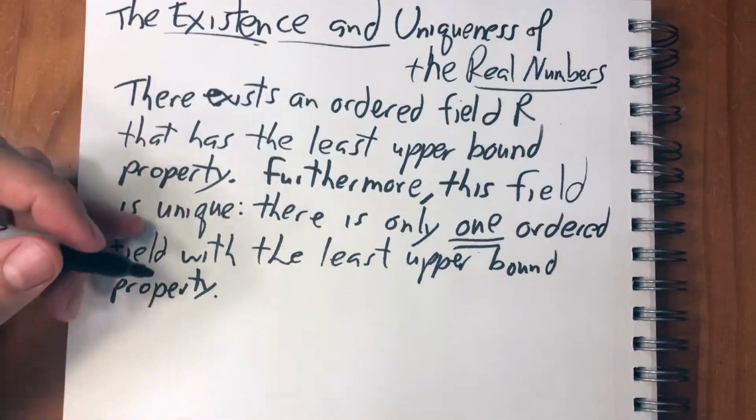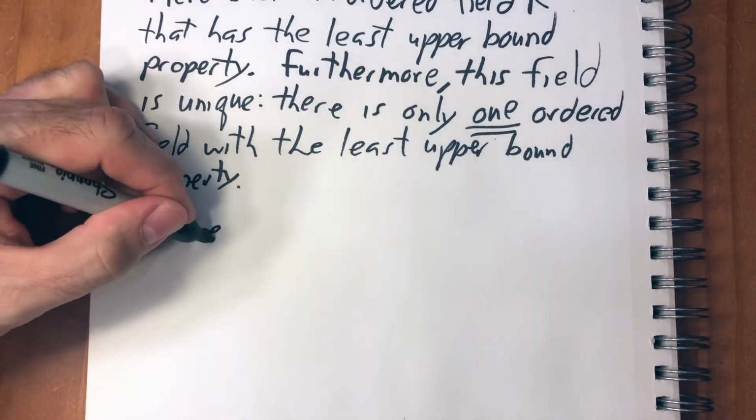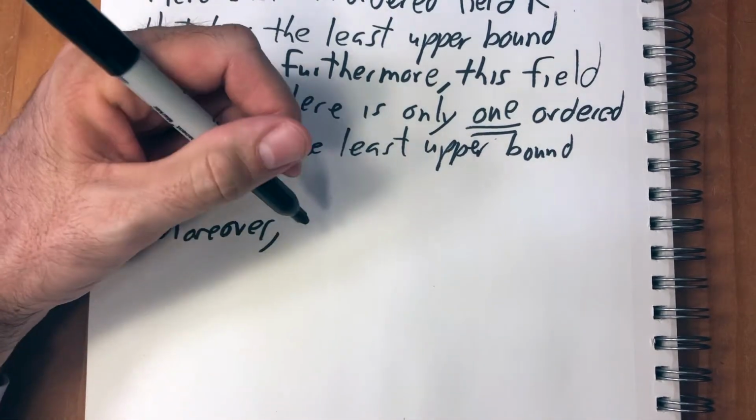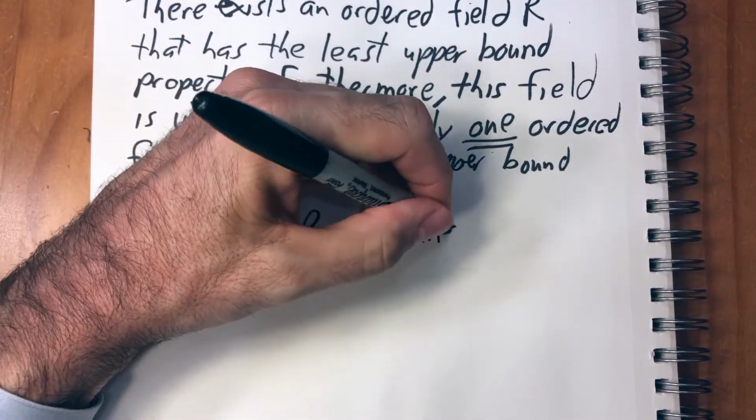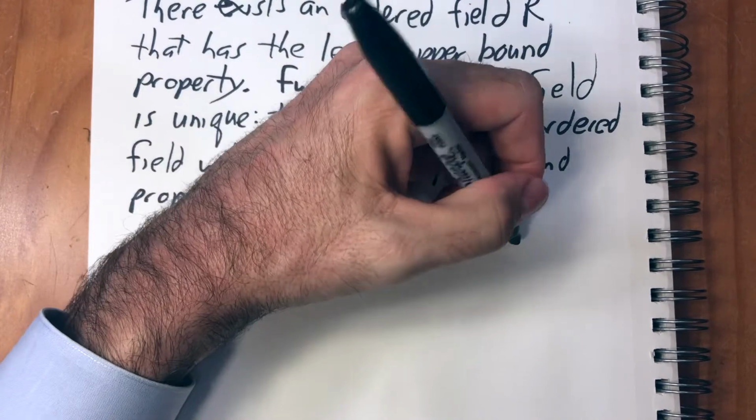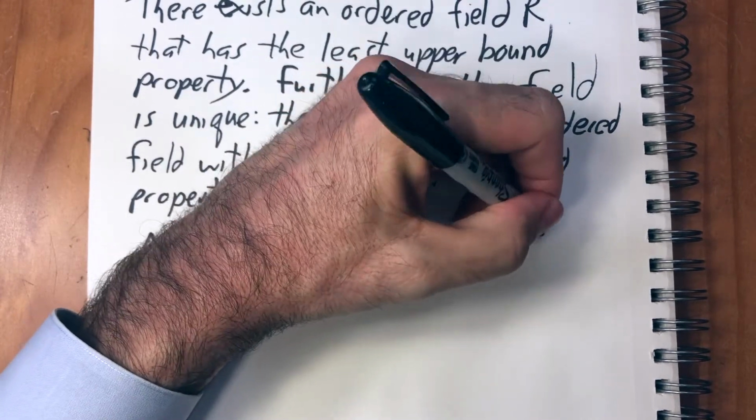Moreover, R contains Q, the rational numbers, as a subfield.